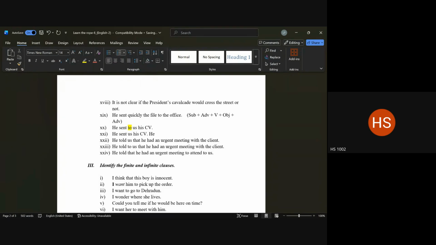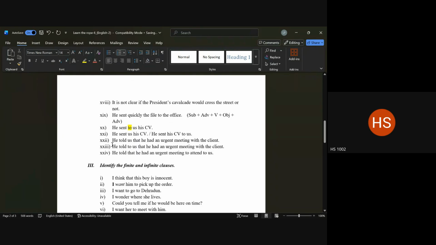He sent his CV to us. Both of them are right: he sent us his CV, he sent his CV to us. To is only used when your indirect object is preceded by the direct object. Let's keep that in mind.